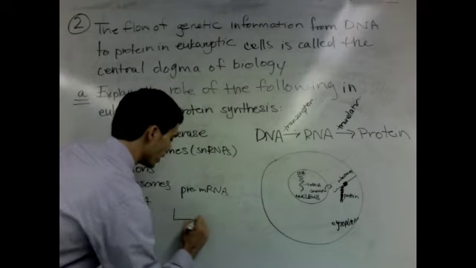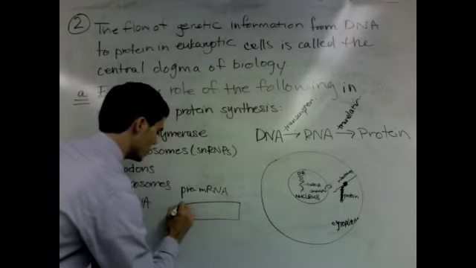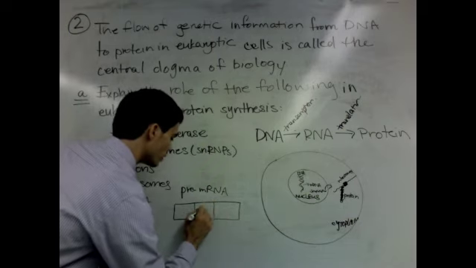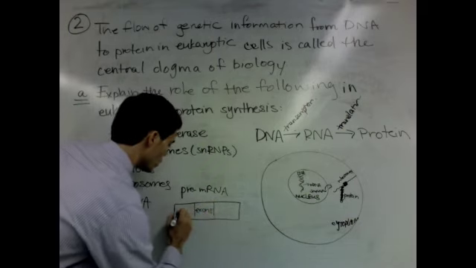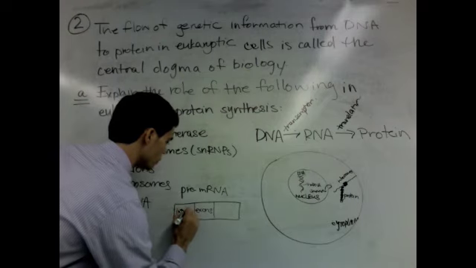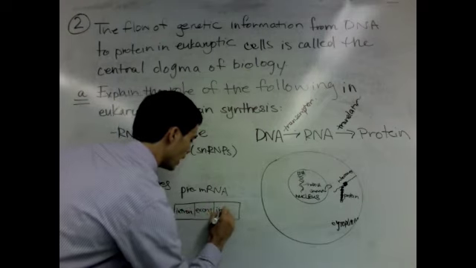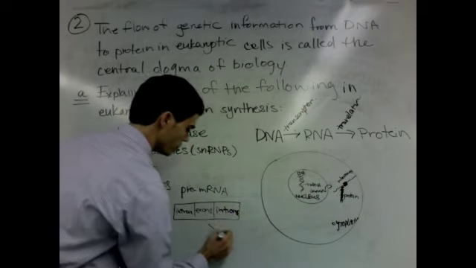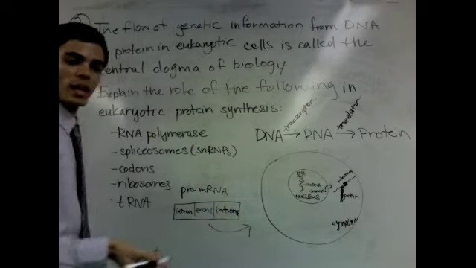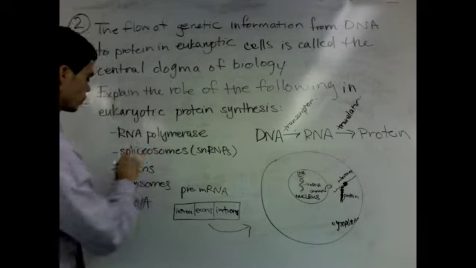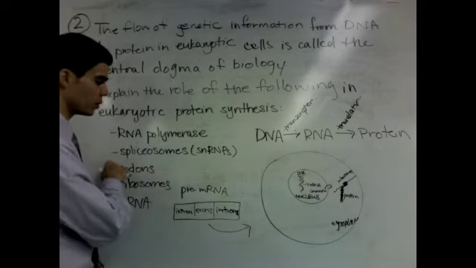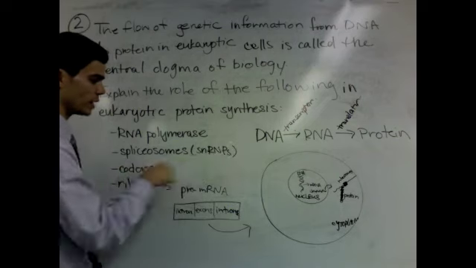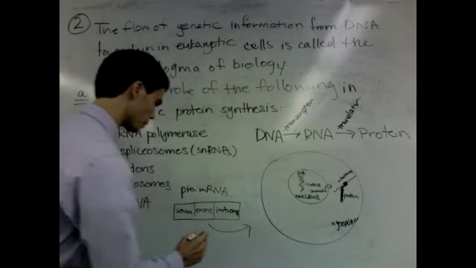This pre-mRNA has pieces of information within it called introns that do not code for protein. And these introns must be removed. The way that these are removed is through another set of cellular machinery in the nucleus called the spliceosomes and associated SNRPs.